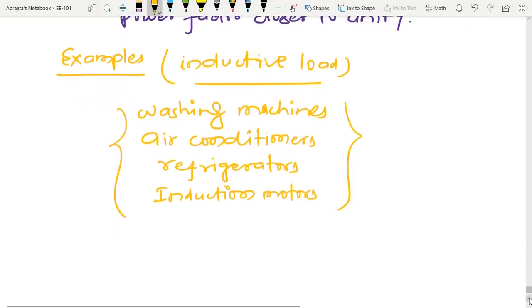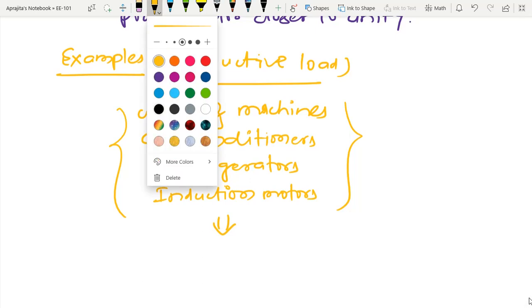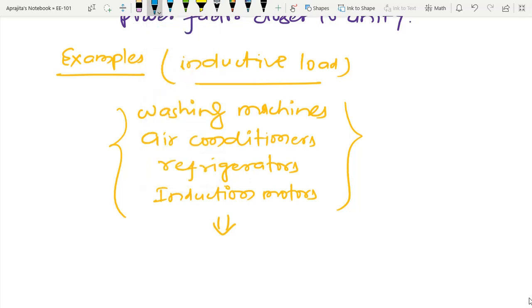And what is the common feature of these examples? I am going to write that down.